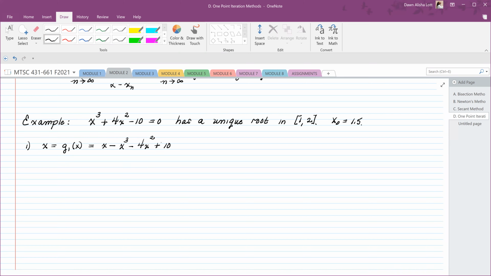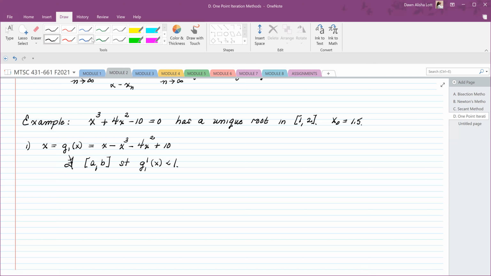So for this problem, there does not exist an interval AB such that the absolute value of g1 prime of x is less than 1.